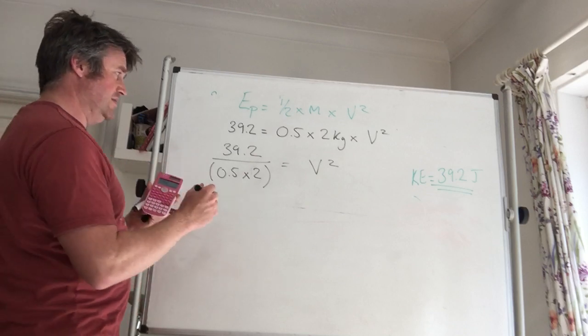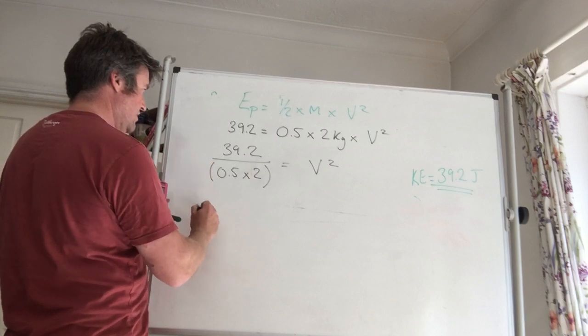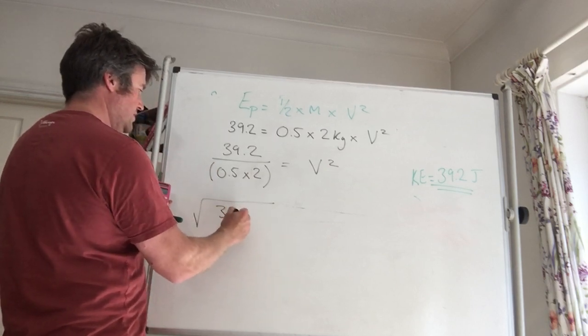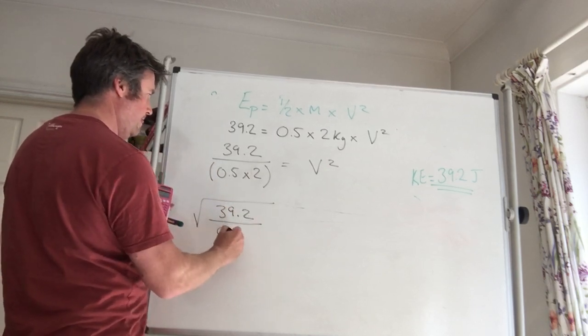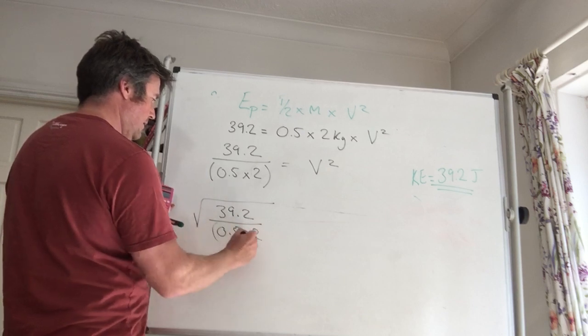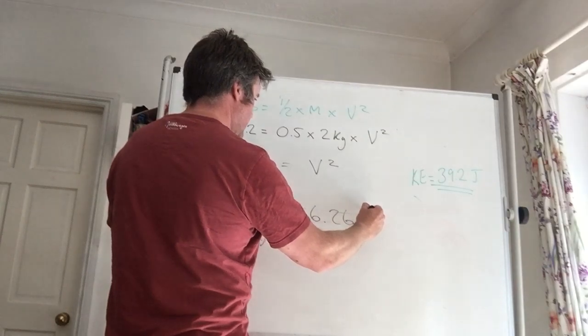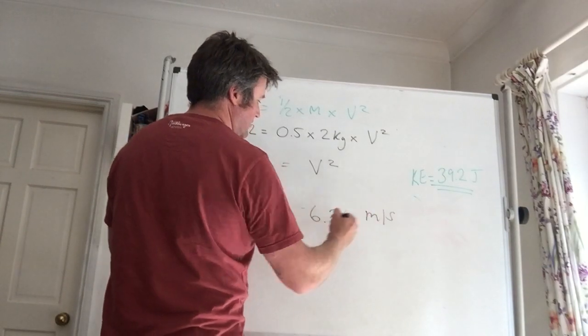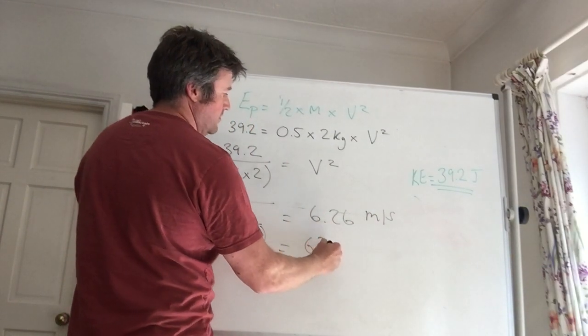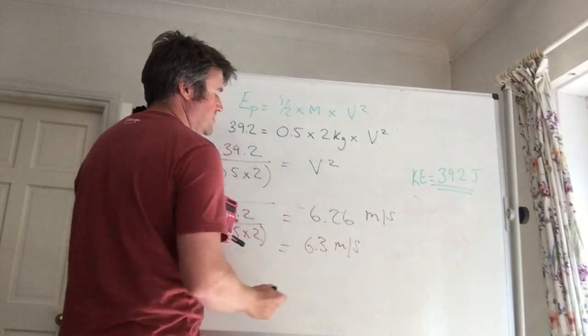If I do that, I get a value. So if I wrote it into my calculator like that, I get 6.26 meters per second, or 6.3 meters per second.